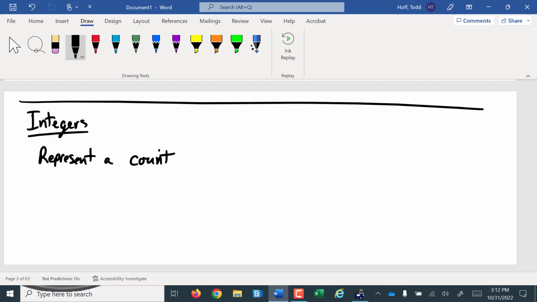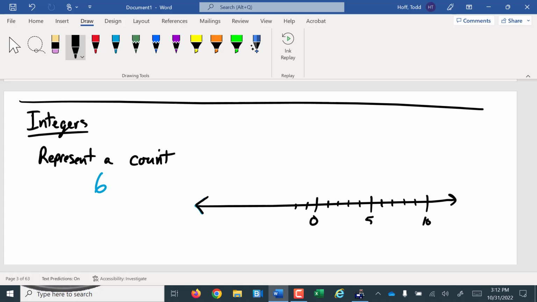If I have a number that has a count of 6, how would I represent that? Typically on a number line. And there are actually a lot of different ways this has been done through the years. Dots or whatever. But the most useful representation, if you're going to calculate with it, is something called a vector.